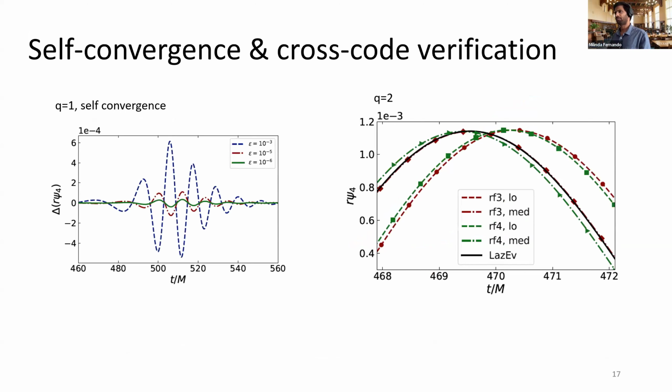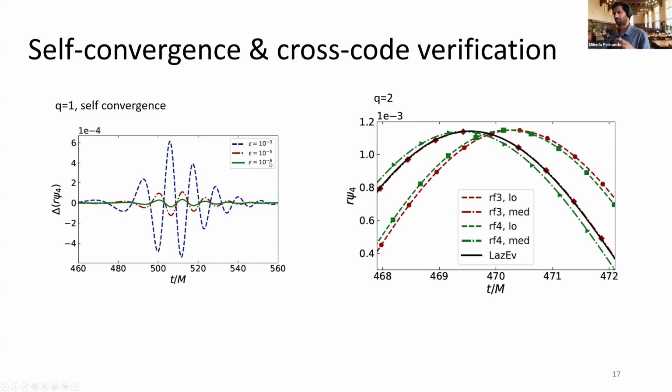Just for verification, we have done convergence with respect to the wavelet tolerance. Here we have done a self-convergence study on the error in the extracted wave with decreasing wavelet tolerance.